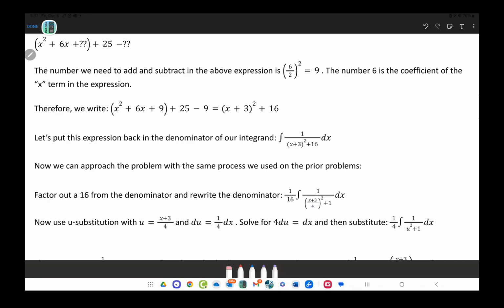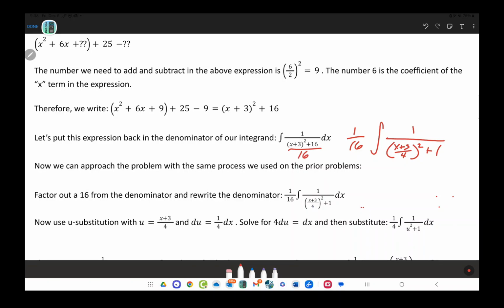So since I have this in my denominator, to get a plus 1, I need to factor out a 1 over 16. So we put a 1 over 16 outside the integral. We have 1 over, and I can write this as ((x plus 3) over 4) squared plus 1. And dividing this by 16, that's what we get.